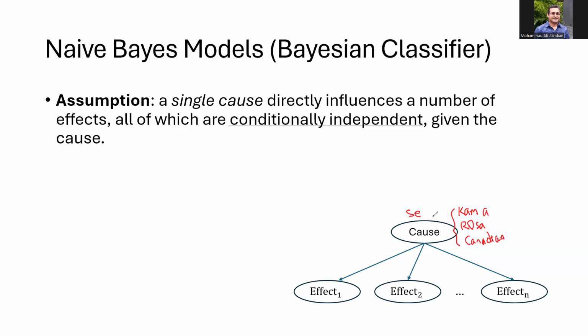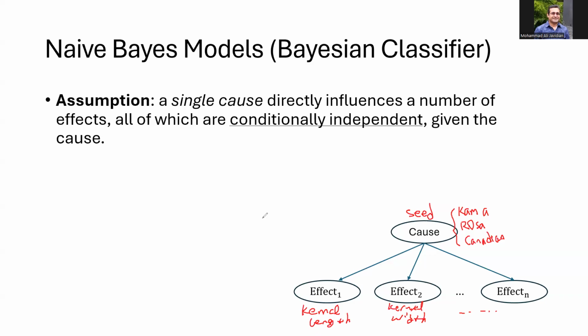We know that the type of wheat seed affects, for example, the kernel length, or kernel width, or other types of physical characteristics of seeds.